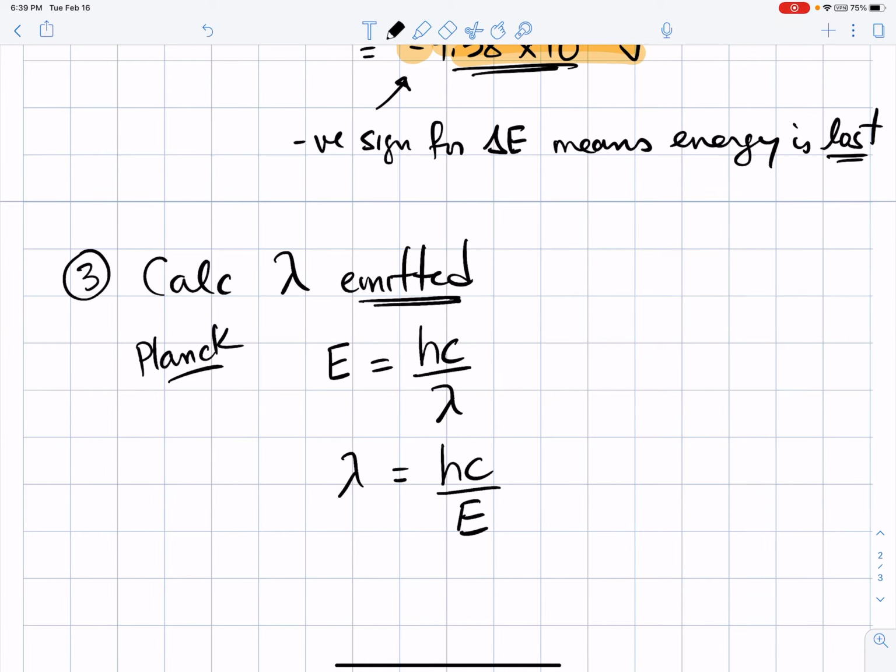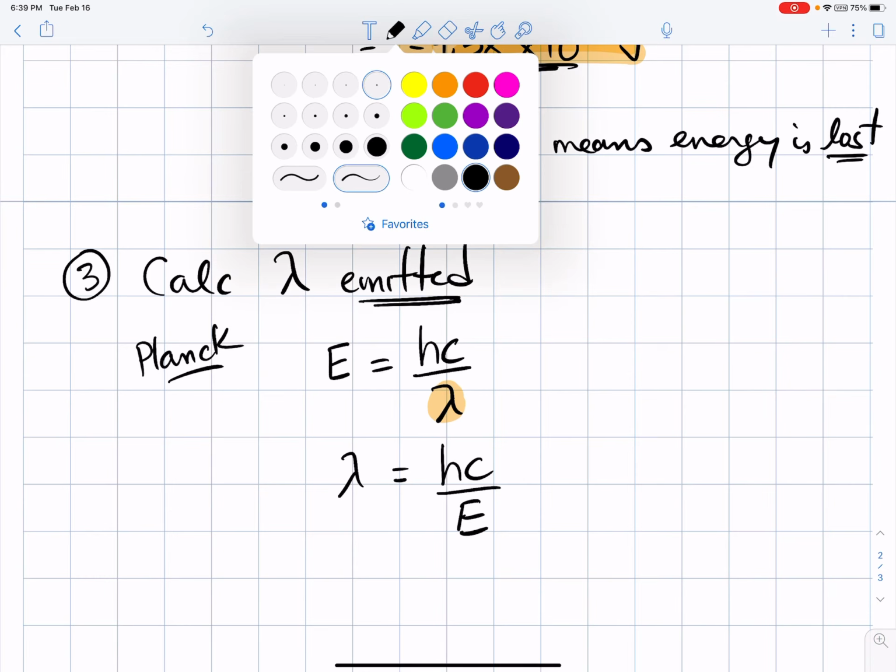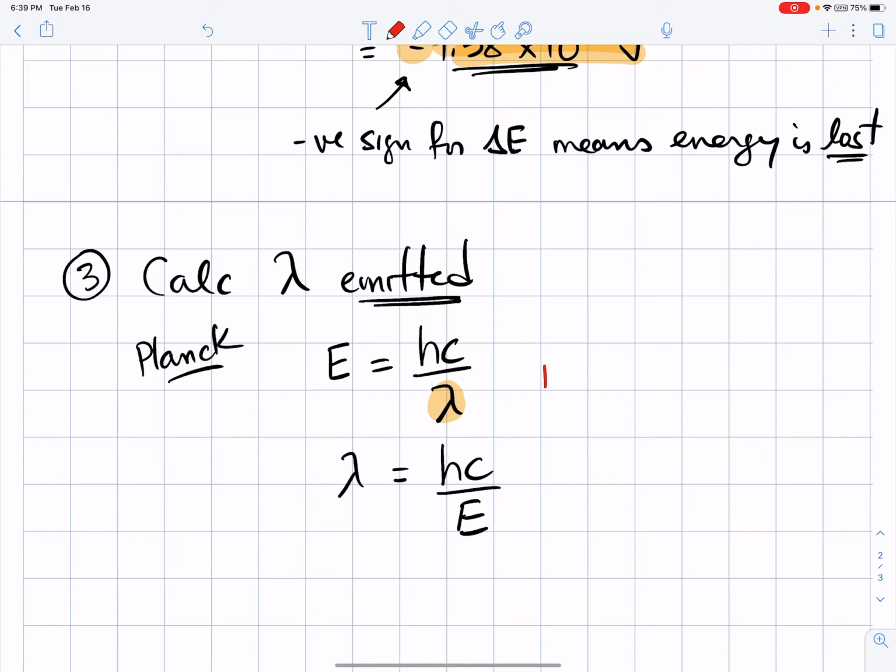If you're not quite sure how I did that, what I did first in my head was I moved lambda, which was in the denominator, to the other side of my equation by multiplying. So in my head, I said E times that lambda must equal hc.